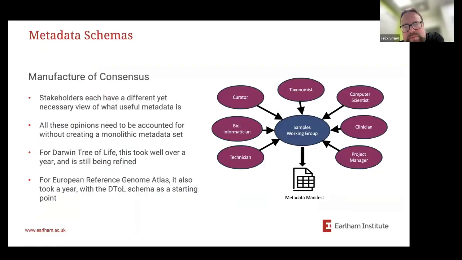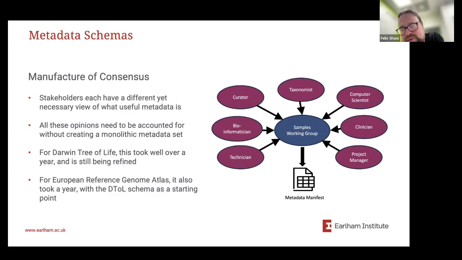So part of my job then is, all of what I just described relies 100% on metadata. So metadata is entirely crucial in describing data and making data useful, both now and in the future. So part of my job is what I'd describe as the manufacture of consensus.